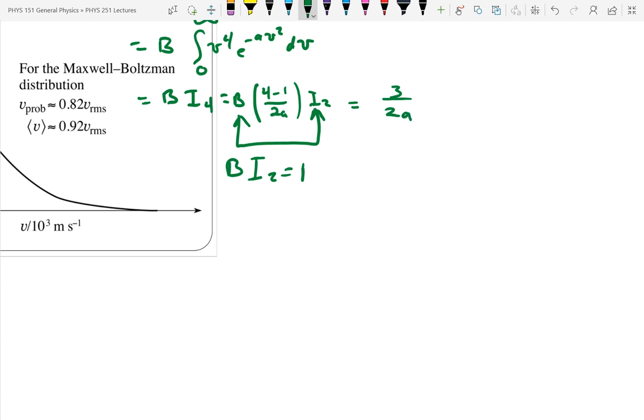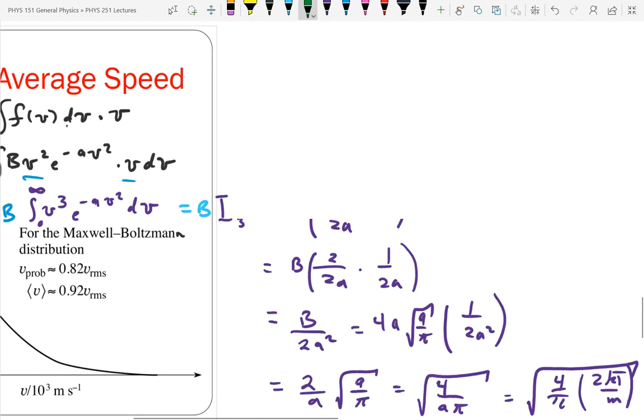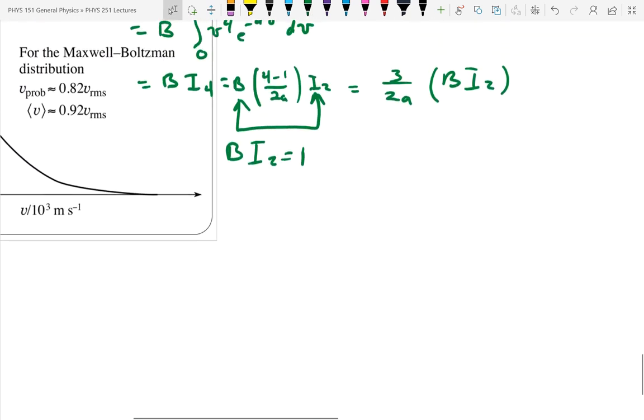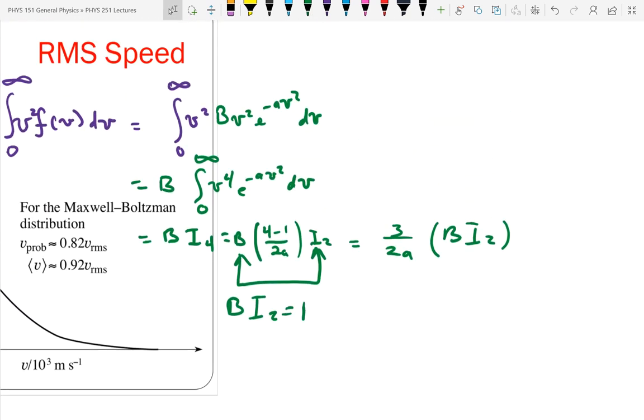Well, since b times I2 is 1, this is 3 over 2a times b I2, but b I2 is just 1. That was the result that we found right here, equal to 1, b I2. So 4 minus 1 is 3 over 2a.